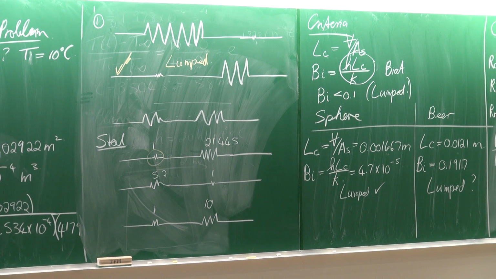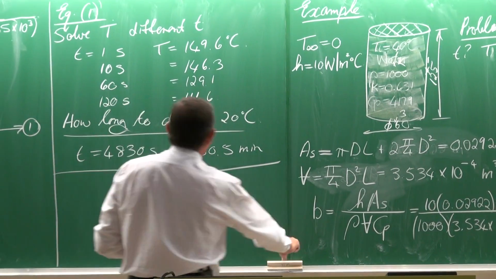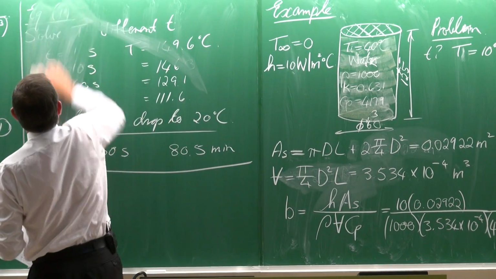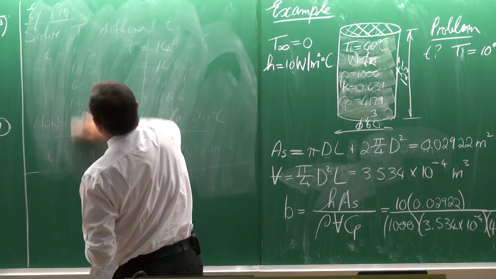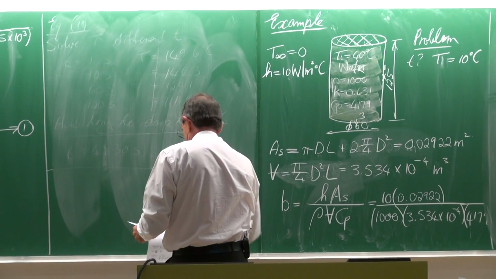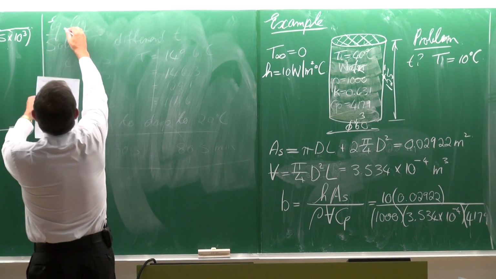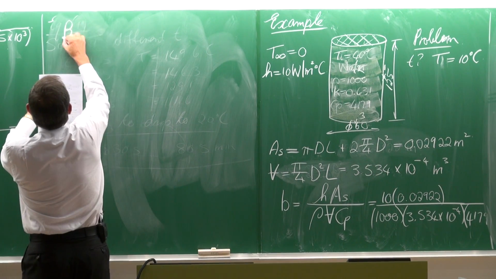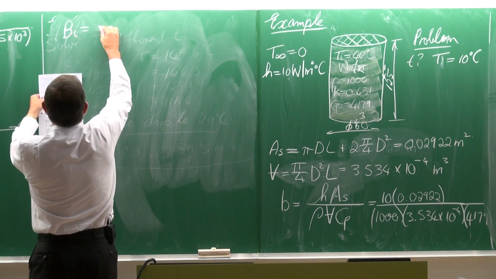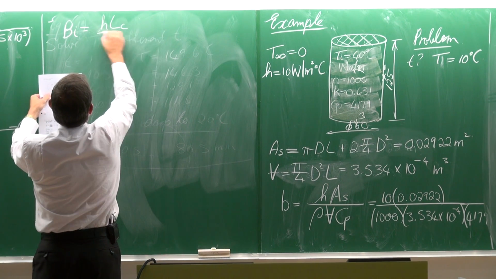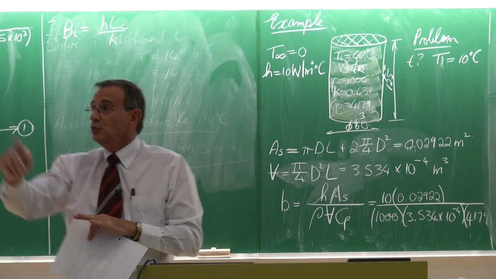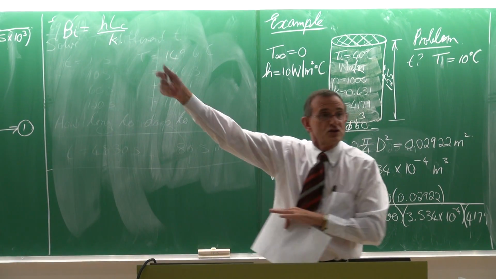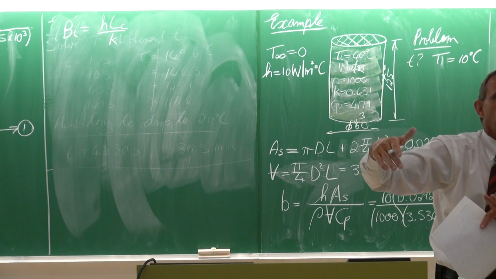The thing in general that we need to look at is, I want to write down this equation. The Biot number is equal to the heat transfer coefficient times the length divided by k. As you've rightly said, the Biot number is the ratio of the resistance of conduction to convection.